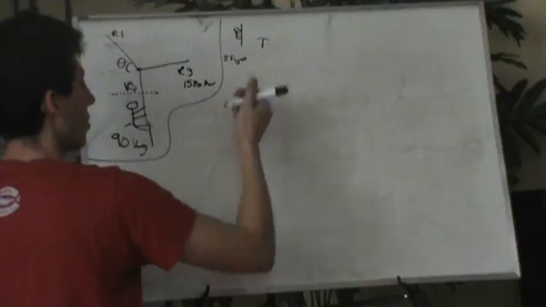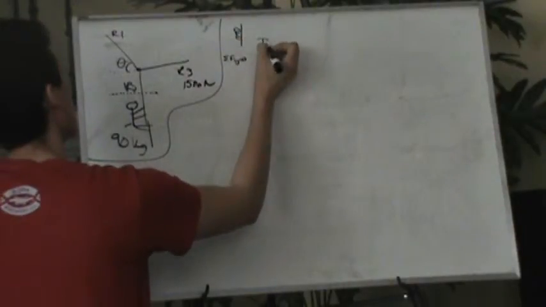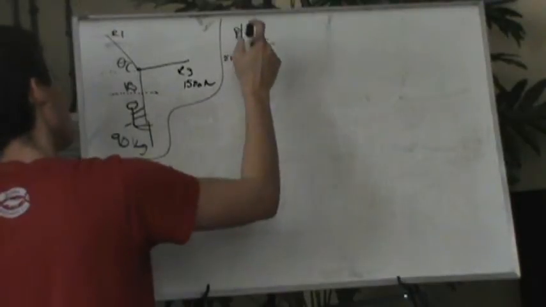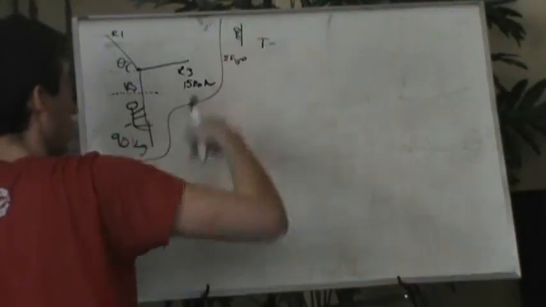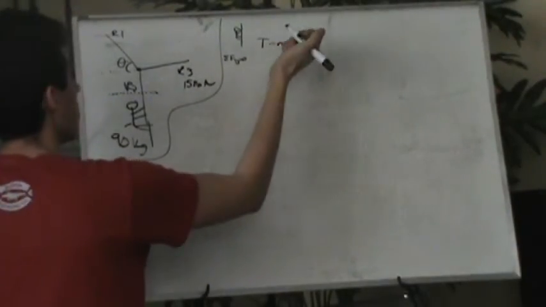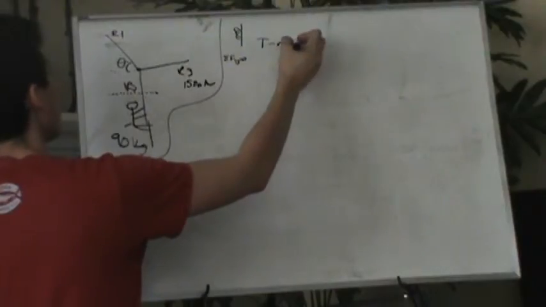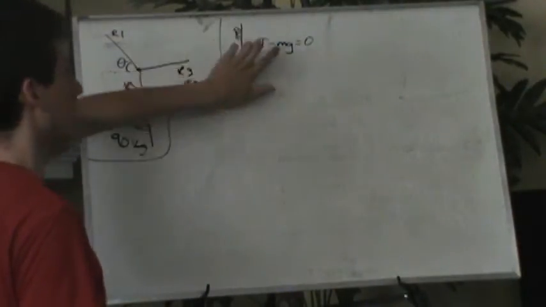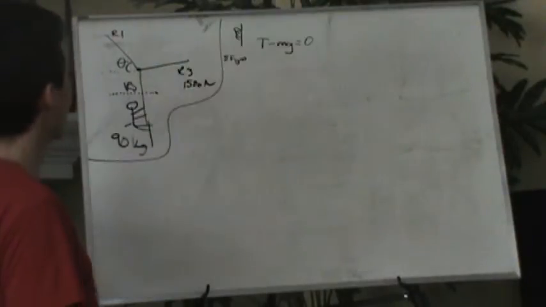So you have the tension of the rope, we'll call it T, minus the weight of this guy, mg, mass times gravity, equal to 0. So essentially the tension balances the weight. This is basically all that we have.